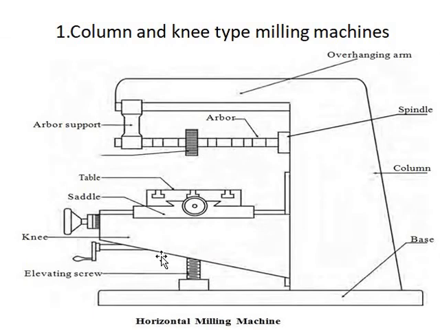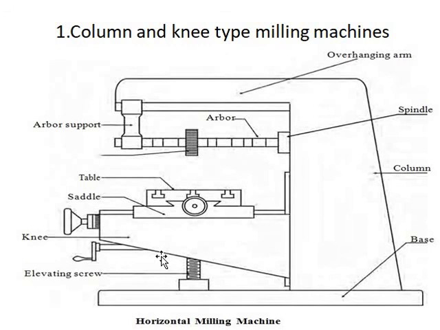Okay, first of all, we'll be discussing column and knee type milling machines. You all can see the sketch here, showing the column and knee type milling machine. The base contains the reservoir and a pump which circulates fluid to the cutting area.